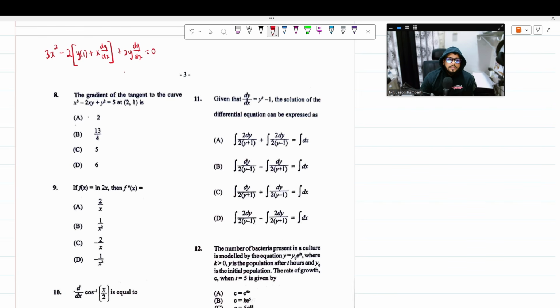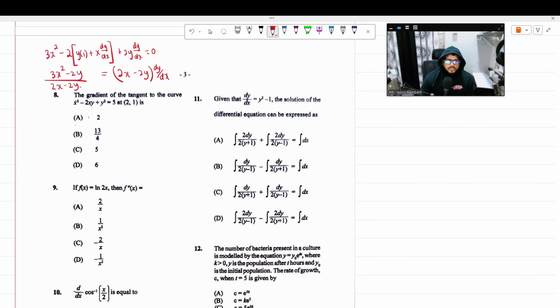I can rearrange. I'll get minus 2x dy/dx. I want to carry those things across. I'm going to get 2x dy/dx and I'm going to get minus 2y dy/dx, so I'll move that across. I'll remain with 3x squared minus 2y on the side. Divide by 2x minus 2y.